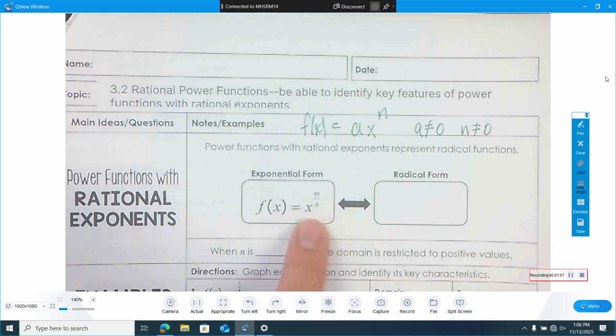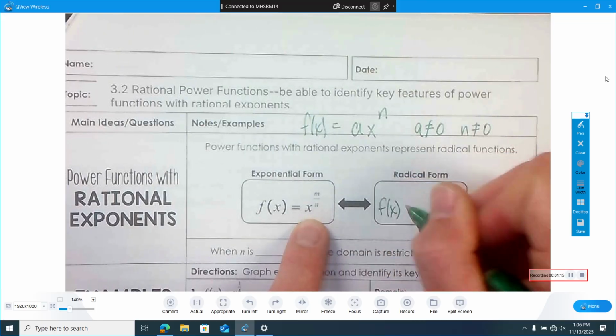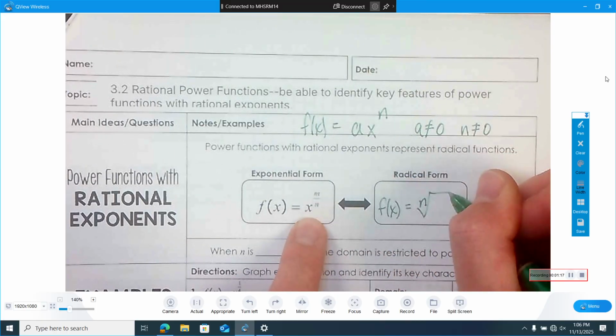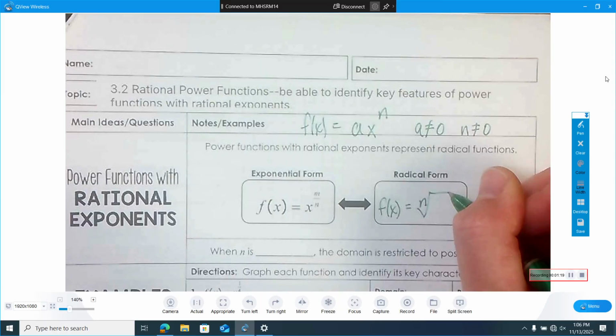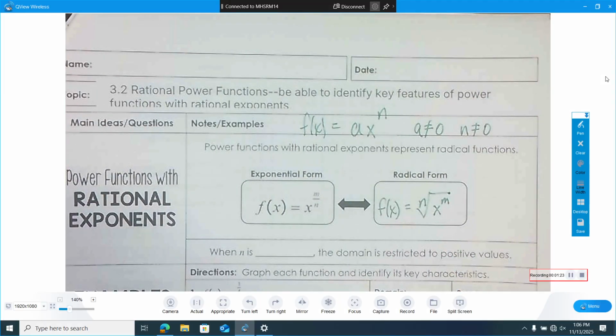As a reminder, when we have rational fractional exponents, this is the nth root of x to the m power. So it is a radical function as well.